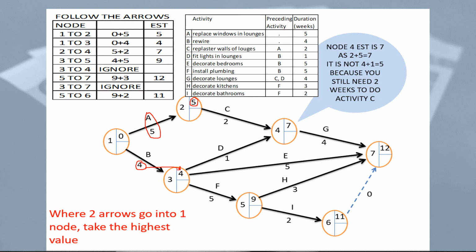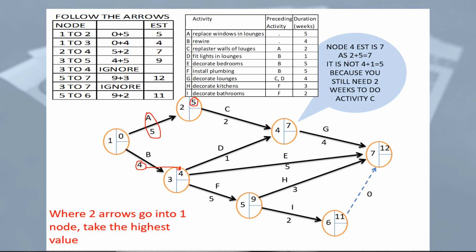So again, we do the next one, which is C. In C we've got replastering the walls of the lounge.